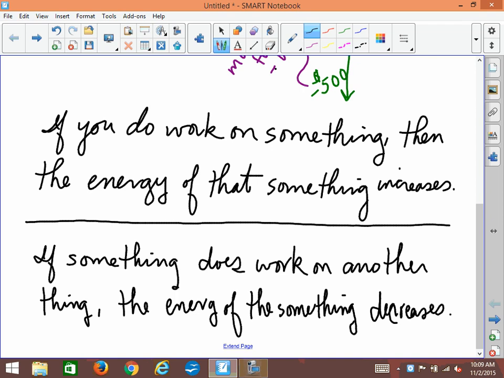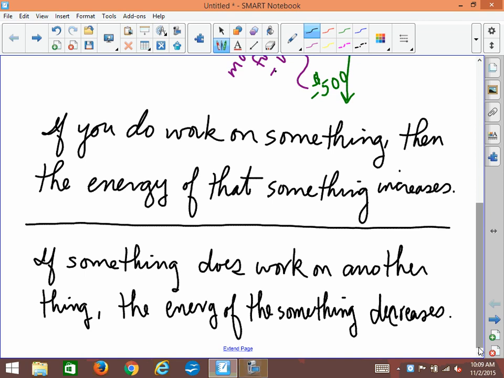So when you do work on something, it's almost like your energy level is decreasing because you're giving that energy away to something else and increasing its energy. So it's this constant trade-off.